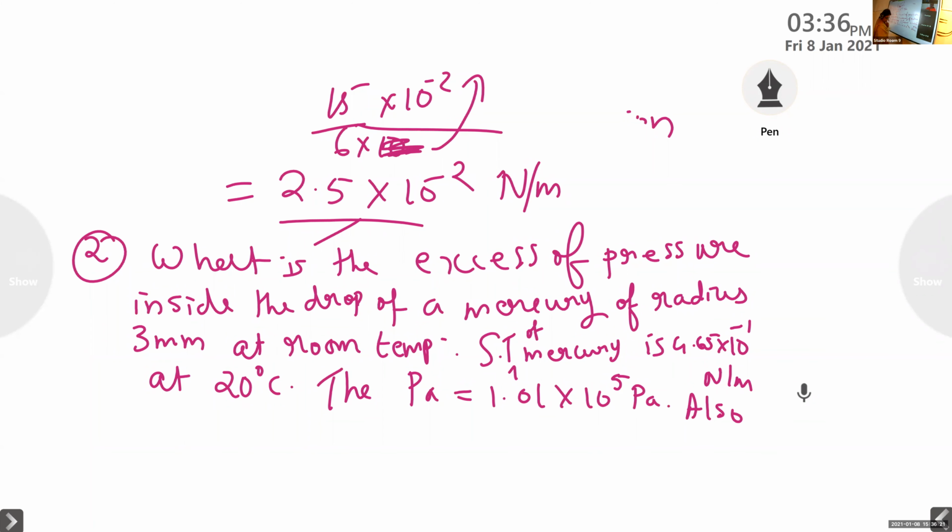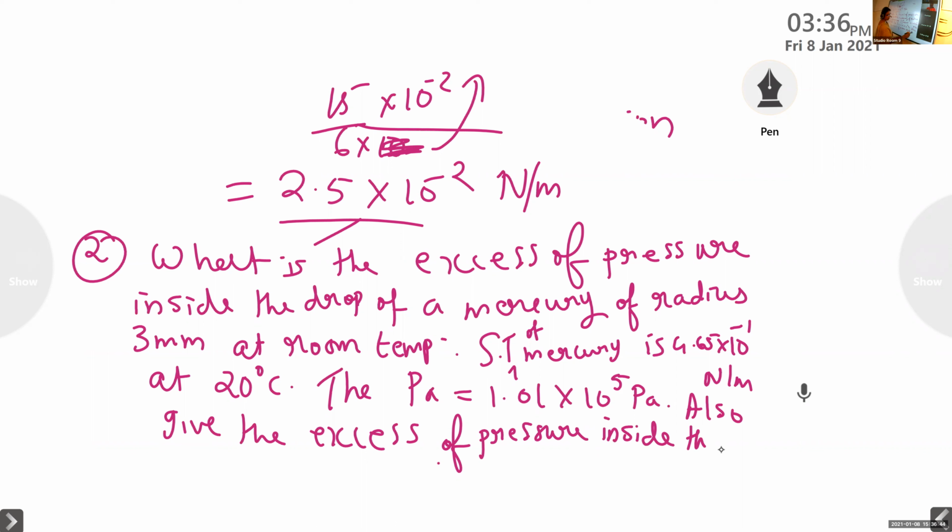Also give the excess of pressure inside the drop.